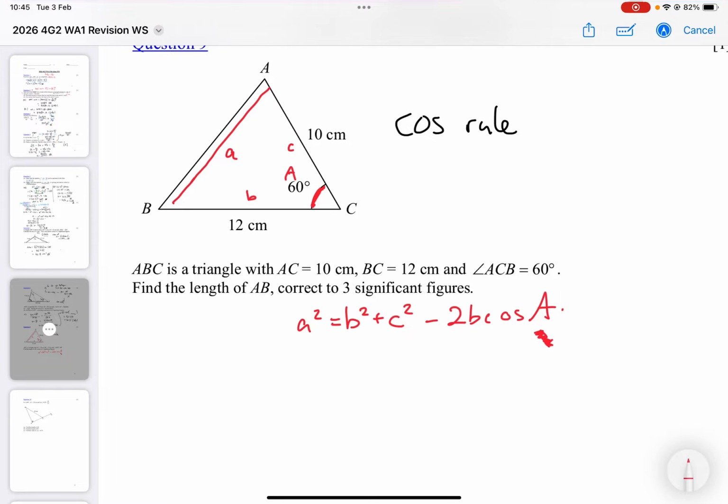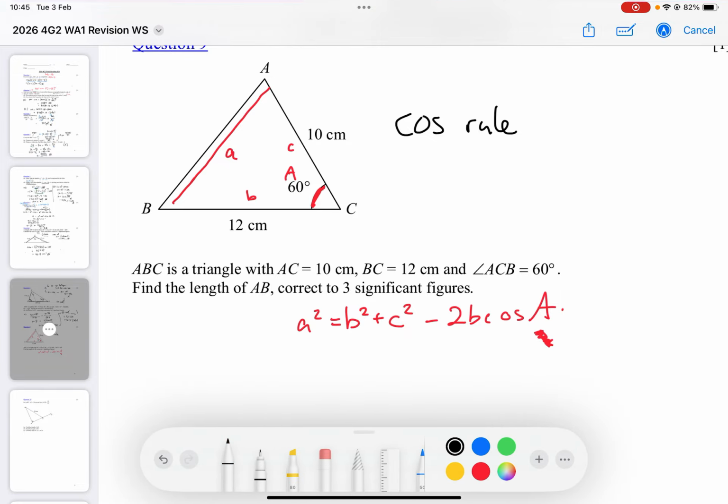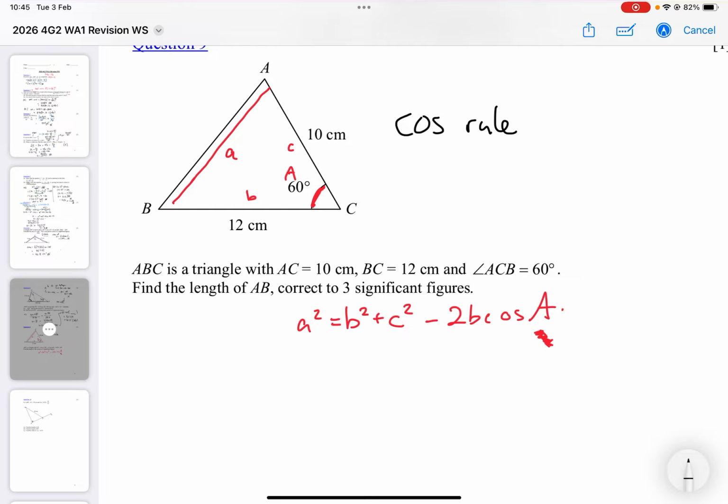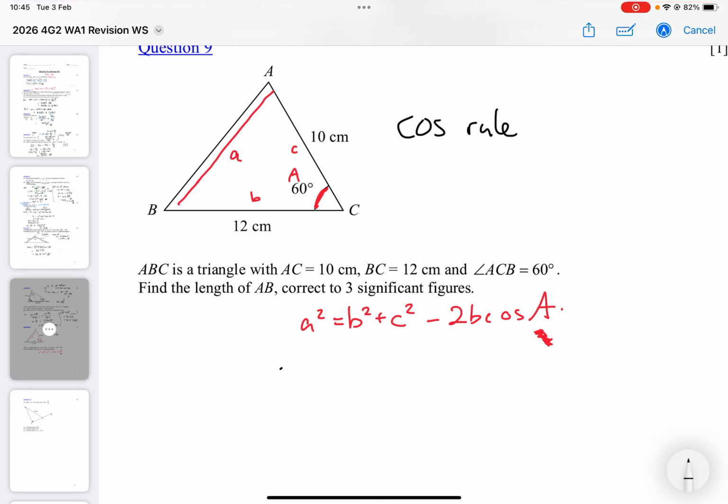So in this case, I want to find AB. When I'm using the cosine rule, this a square is actually my AB. For B square and C, they can be either one. B can be 12, can be 10, then C is just the other one. The two sides are not so important.